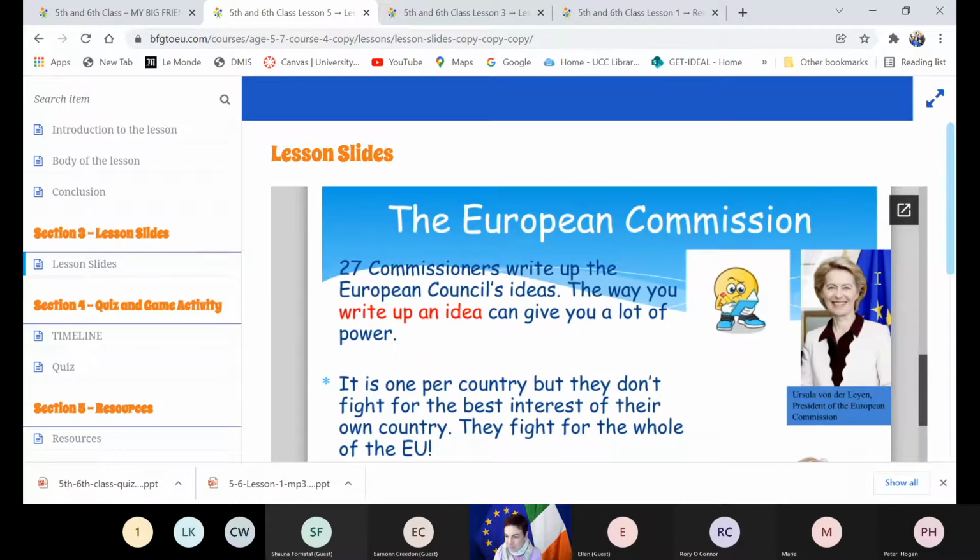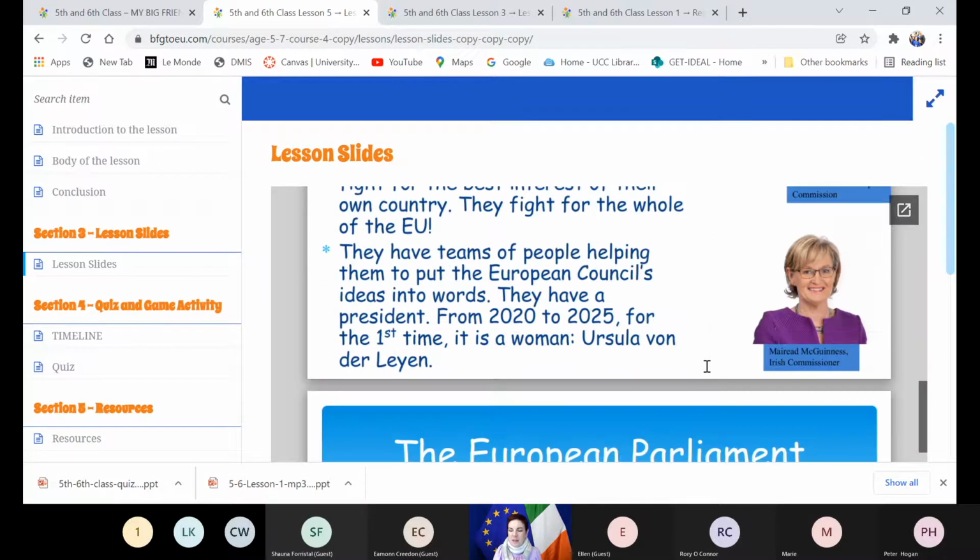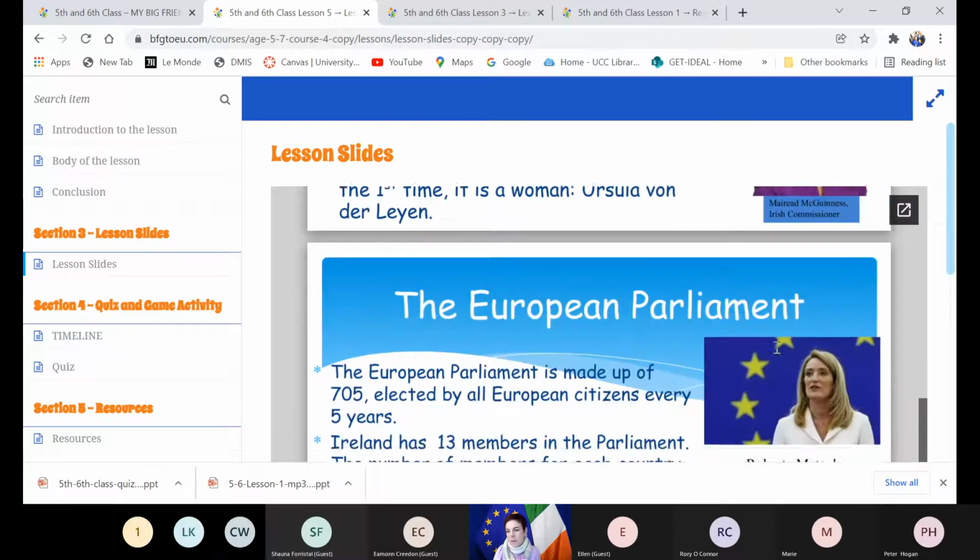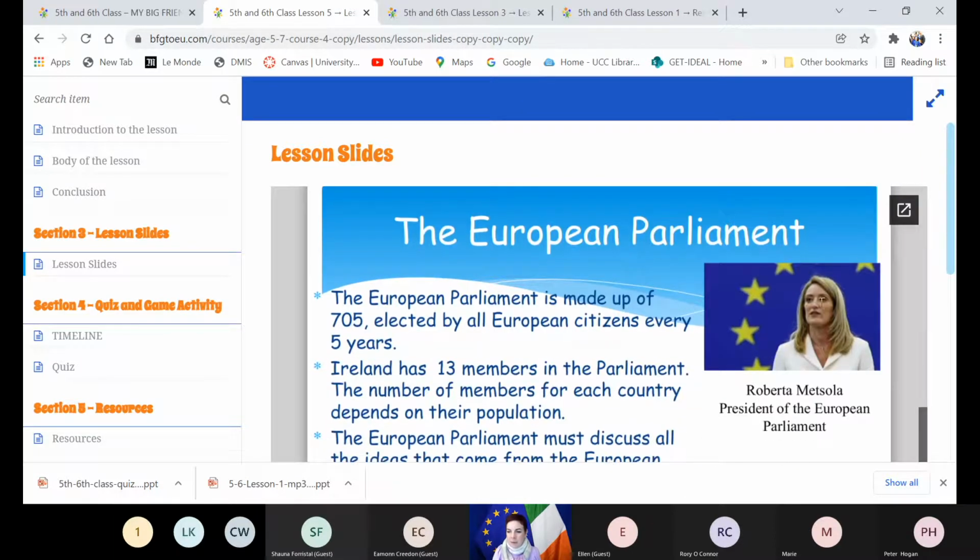Then we have the president of the European Commission. And for the first time, we have a woman at the head of the European Commission and a woman at the head of the European Parliament. So I thought it was interesting to bring it in. Obviously, Mairead McGuinness, the Irish Commissioner, is a woman as well. Roberta Metsola was just elected, literally last week.